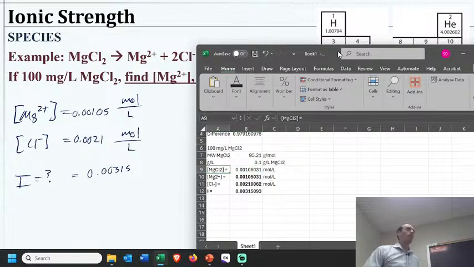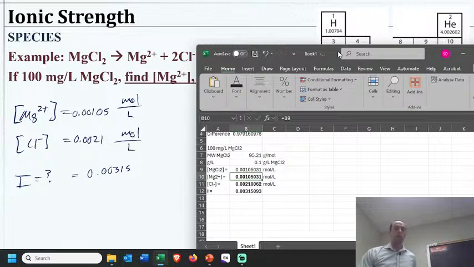Even though we don't normally report it as the concentration of something that dissolves, you might call that the formula weight or the formula concentration. Anyway, that gives us the moles per liter that we dissolved, which was 0.00105 moles per liter of magnesium chloride. For every 1 mole of that we dissolve, we get 1 mole of magnesium. So that's the concentration of magnesium in solution.